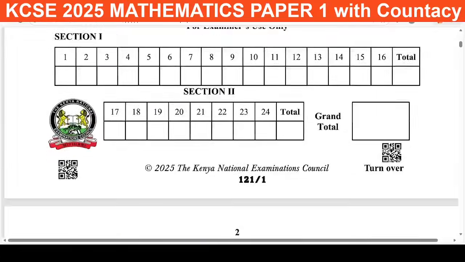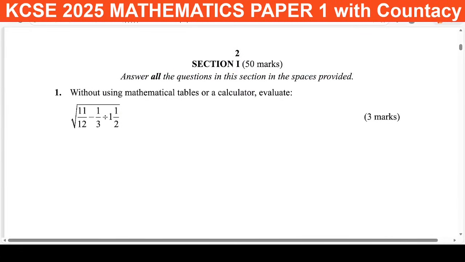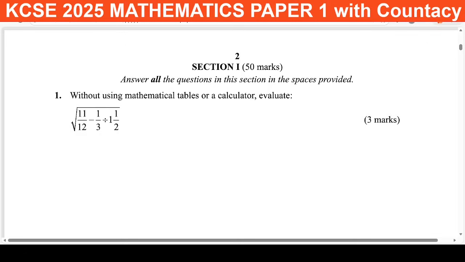We have our question 1 right here, and we are told, without using mathematical tables or a calculator, to evaluate this expression: the square root of 11 over 12 minus 1 over 3 divided by 1 over 2. You have been told that you are supposed to evaluate this without using mathematical tables.